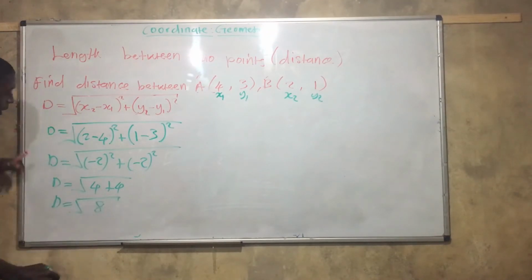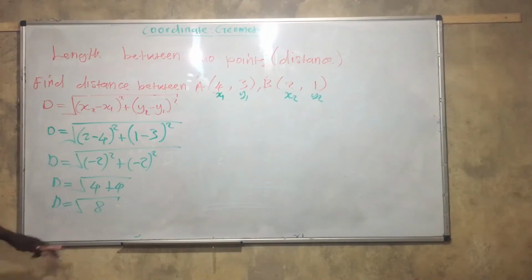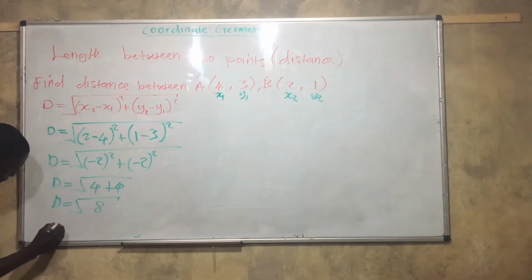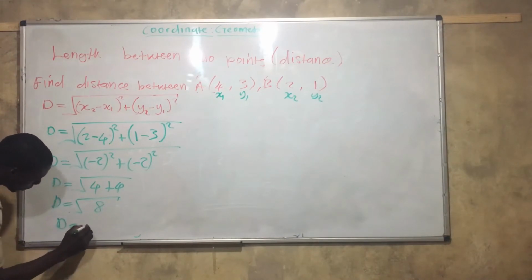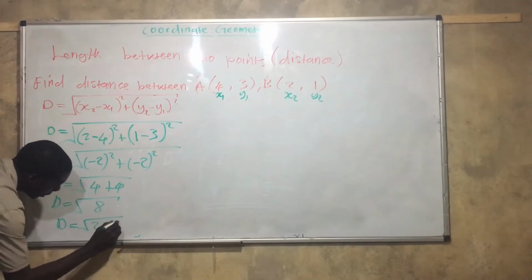Here, since 8 is not a perfect square, we cannot find its square root exactly, so we leave it inside the root. Or we say, which two numbers can we multiply to get 8? We can write d is equal to the square root of 2 times 4.